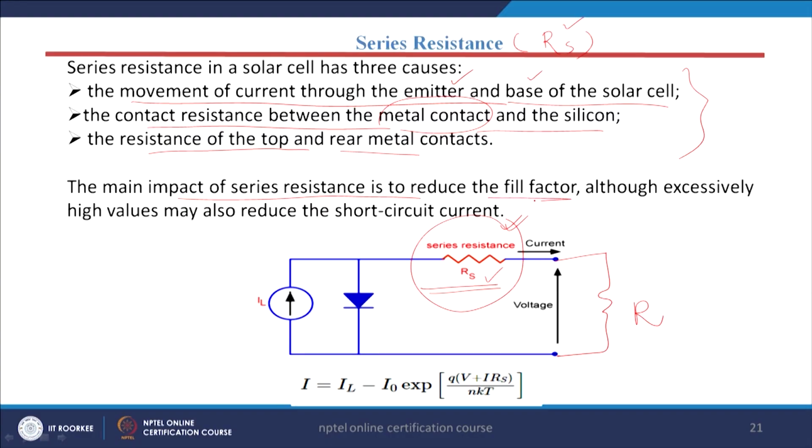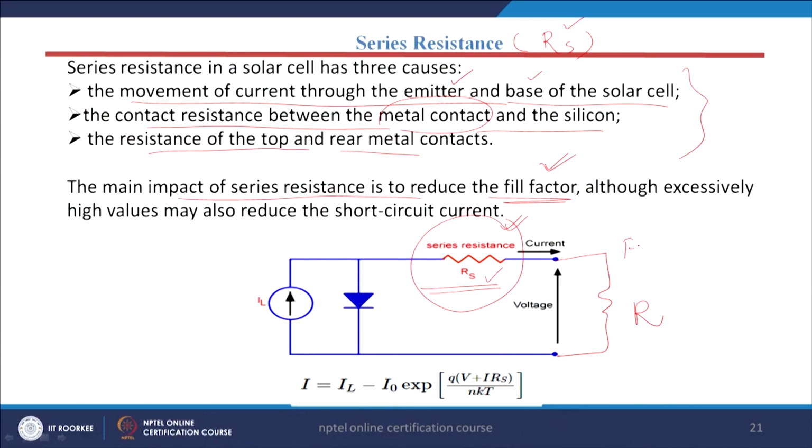And the main impact of series resistance is to reduce the fill factor. This is a very important point. Due to the presence of this series resistance, the fill factor will be reduced. We will discuss more about this fill factor when we come to the characteristics of the solar cell.